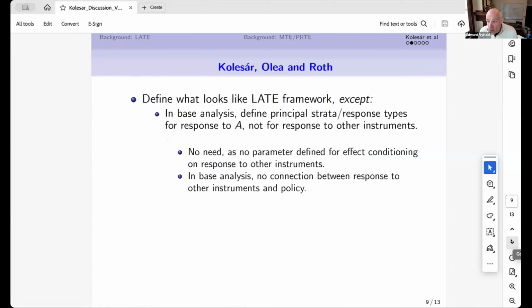One reason is that no parameter they're looking at relates to those groups. They're looking at a parameter defined by what would be the effect of the policy versus not the policy, A equals 0 versus 1, not looking at effects for these other subgroups. And they're not imposing any connection between effects for these other subgroups and the effect of the policy in the main analysis.